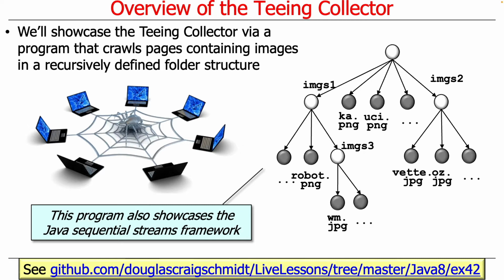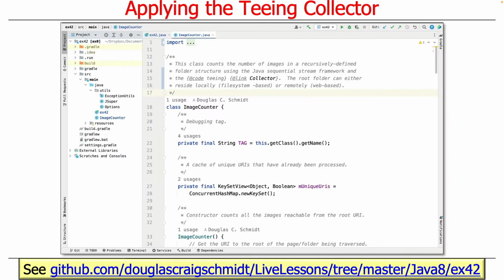If you have a folder structure like this that we see here on the right, it'll go crawling around there, and it'll count the number of images that appear in that folder structure. The example we're about to look at also showcases the Java sequential streams framework and some interesting features therein. So with that, let's switch over and take a look at the code. We'll probably break this down into a couple of parts to keep it manageable.